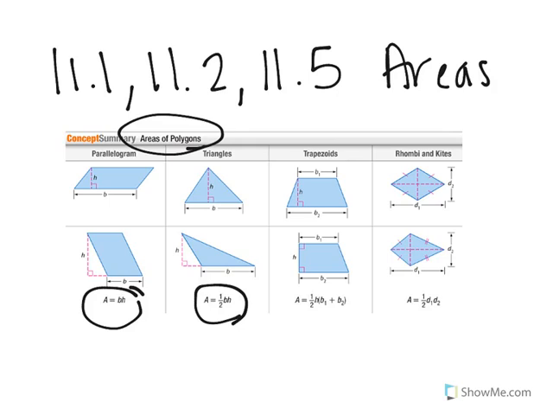Trapezoids, so they have like a B1 and B2. B1 is base 1, B2 is base 2, and then we have the height. So the formula is 1/2 times the height, and then in parentheses you're going to have B1 plus B2. And then last but not least, the one that's a little bit new for you probably is the rhombi and kites. Their area is 1/2 D1 times D2. And D1 and D2, I like to think of them as diagonal 1 and diagonal 2.